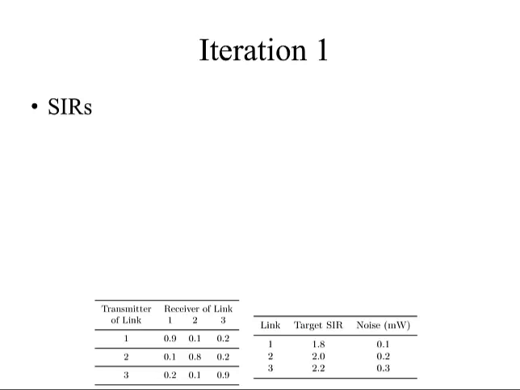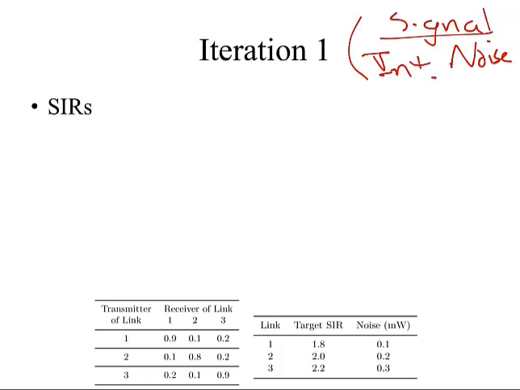And so if you remember, again, our equation for SIR was the signal over the interference plus the noise. And so now we can use that again with these new power levels instead. But the gain parameters and the noise values that we're going to use here all stay the same.